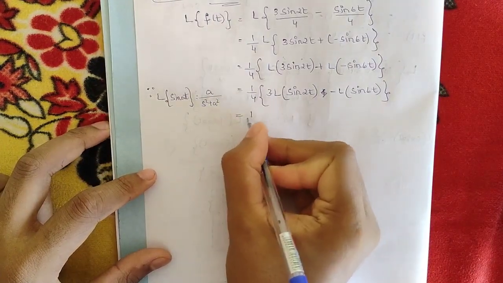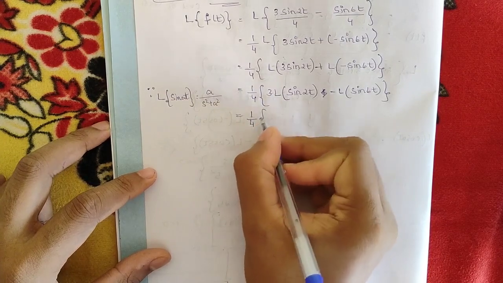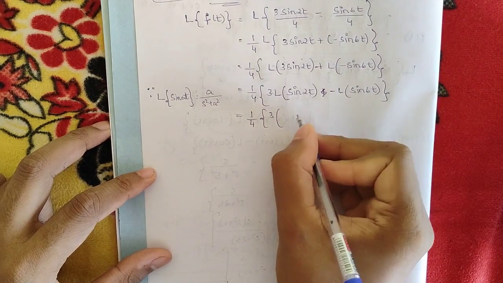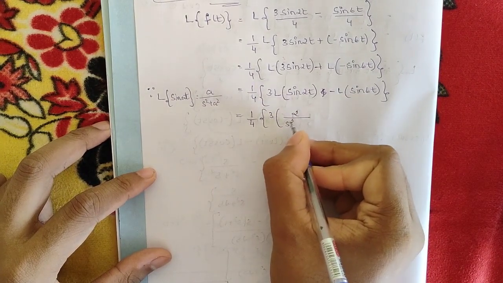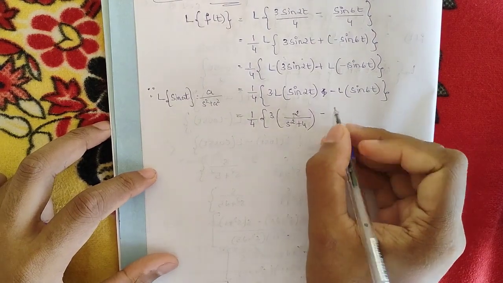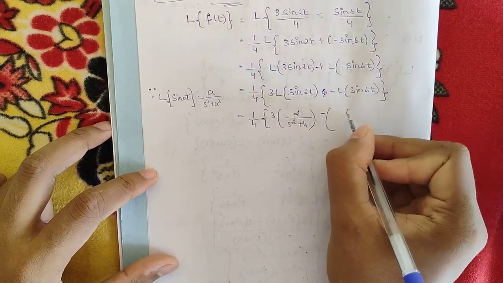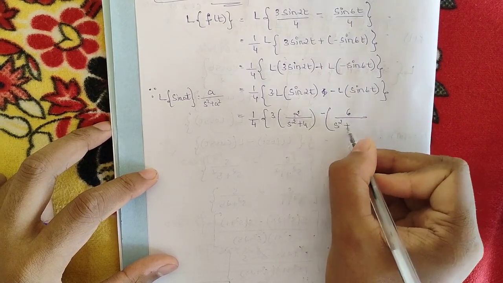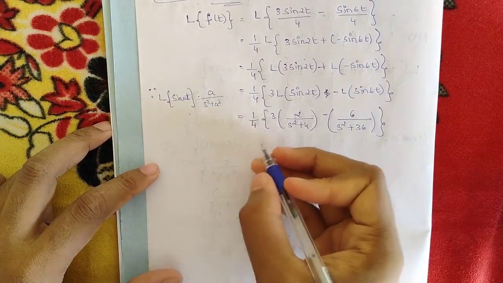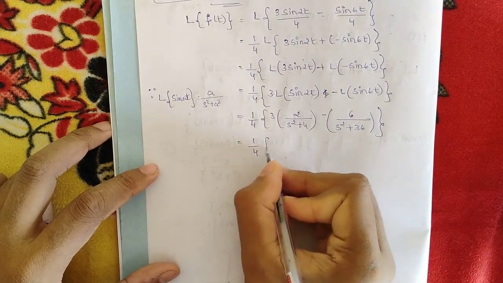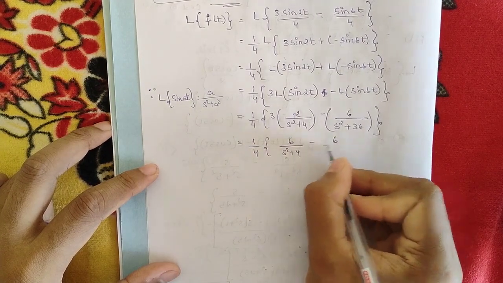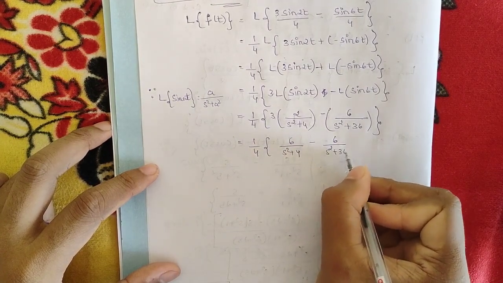So this becomes 1 by 4 into 3 into a, in place of a we have 2, divided by s square plus 2 square, that is 4, minus, in place of a we have 6, divided by s square plus 6 square, that is 36. Okay, now solve it. 1 by 4 into 3 2s are 6 divided by s square plus 4 minus 6 divided by s square plus 36.